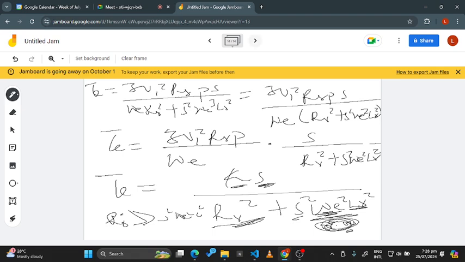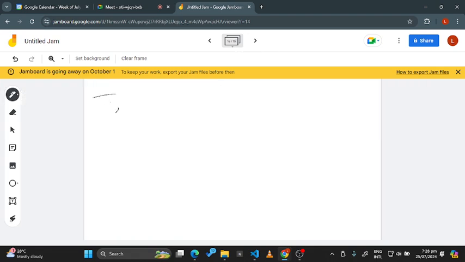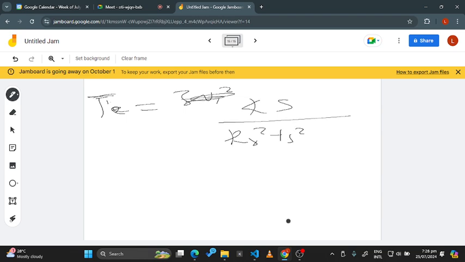Okay, let me go to another. The torque equation is 3v1 squared... let me just write that out. So we have Ks divided by R squared plus S squared.